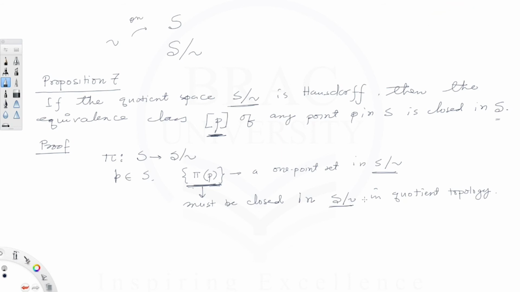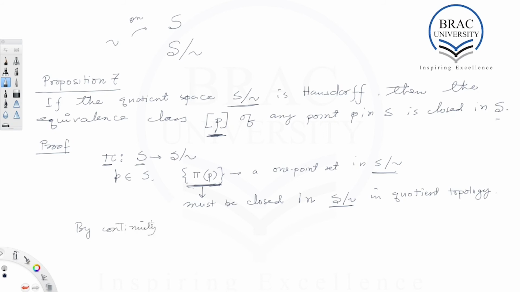Now, by continuity of pi, this is a continuous map, so the pre-image of this closed set is going to be closed in S. So by continuity, the pre-image of this closed set pi of p is closed in S. But what is this?